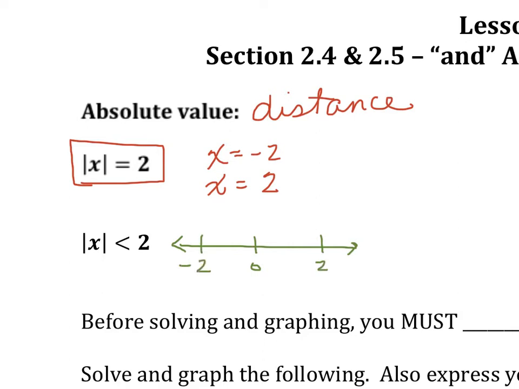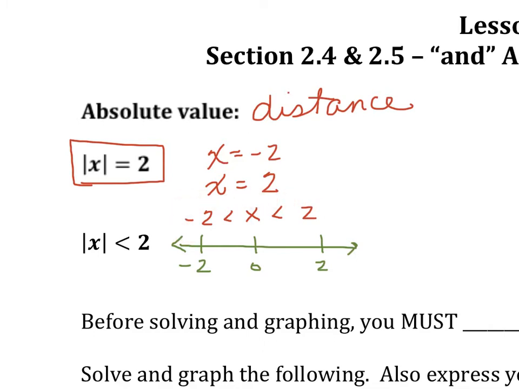For a distance to be less than, that means we can't travel any further than 2 and any further than -2. So all of the values of x in here are going to be between those two numbers. So we can write this as an inequality like this, because the x is between -2 and 2.